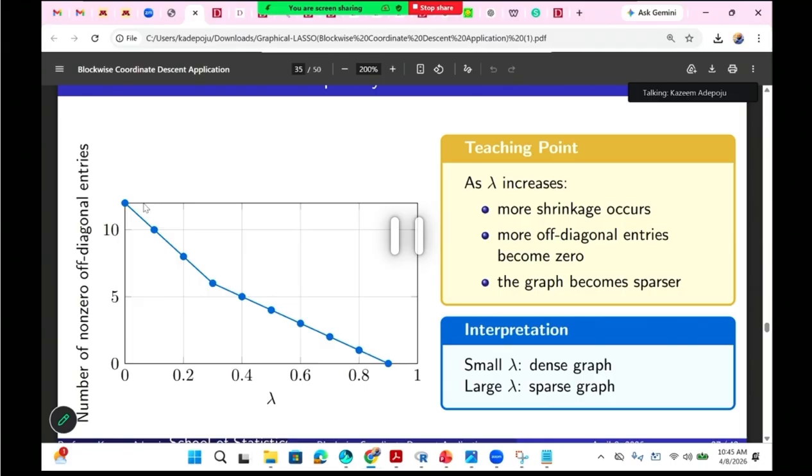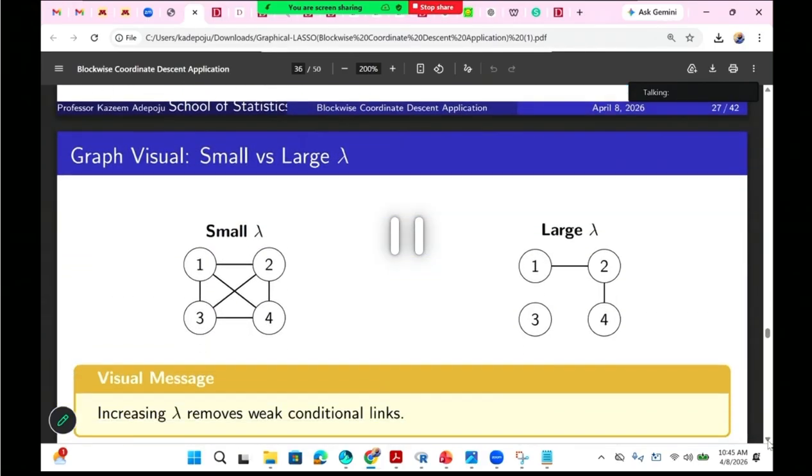We don't want to eliminate direct relationships, so what we need to do in this situation is look for an approach to optimally figure out what the value of lambda is going to be, instead of choosing lambda arbitrarily. Small lambda, a lot of connections. Large lambda, of course, few connections. This is dense. This is sparse.